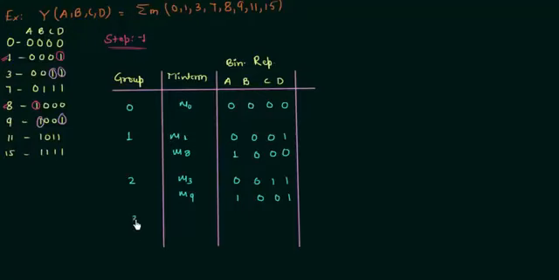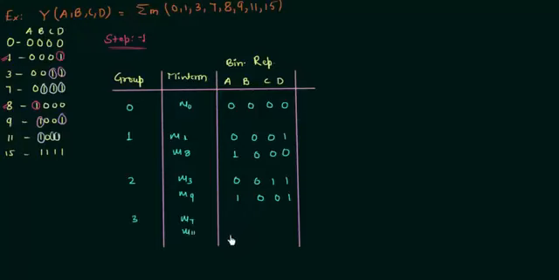In group number 3 we will have the min terms with 3 ones, and you can see 7 is having 3 ones and 11 is having 3 ones. So 7 and 11 will be there in group number 3.